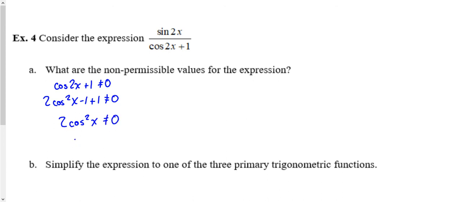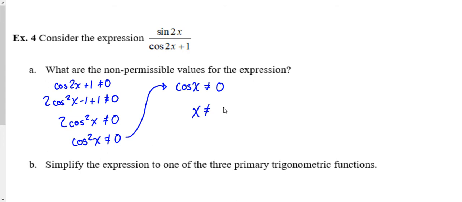Dividing both sides by 2, we have cos squared x cannot equal 0. And of course we're going to square root both sides, and that still really doesn't do anything. So we have cos x cannot equal 0 still. So what is x? x cannot equal, let's take a look at our unit circle.